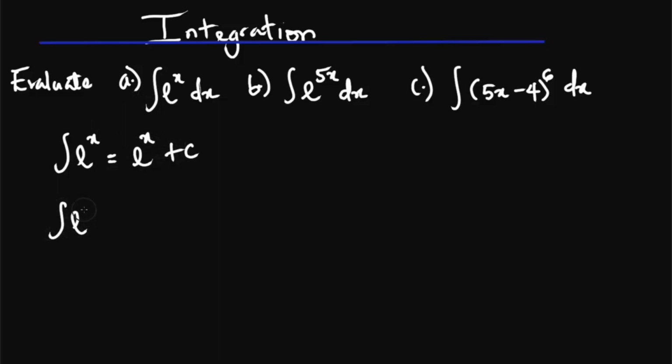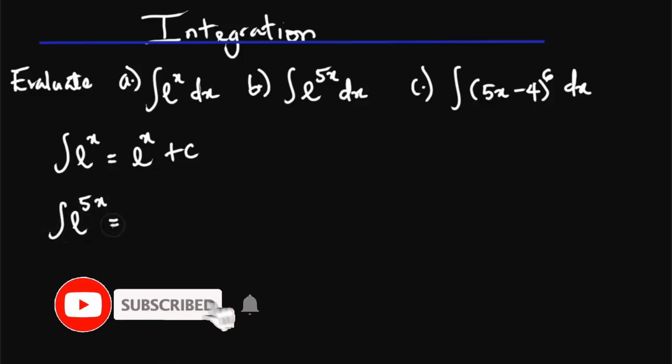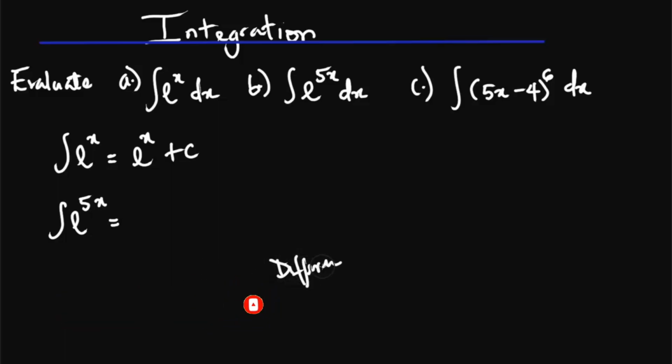Now, when you integrate exponential 5x, this reminds us of function of a function, right? So we have a function exponential x, and then we have another function, which is what? Exponential 5x. Okay, so in this case, we are going to be doing two things. We are going to be differentiating and we are also going to be integrating.